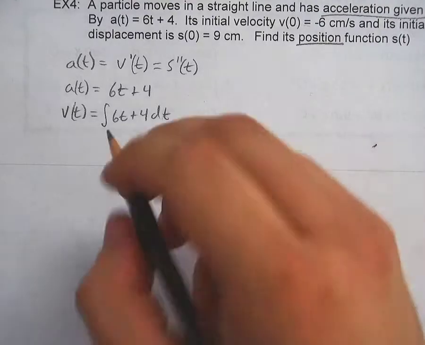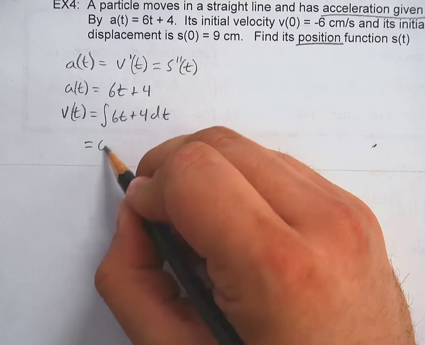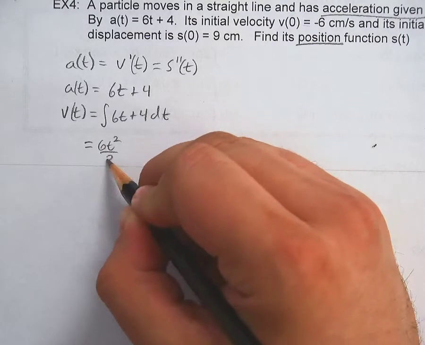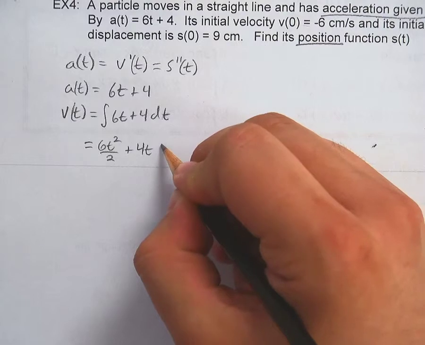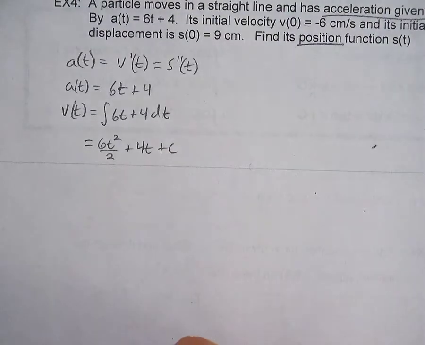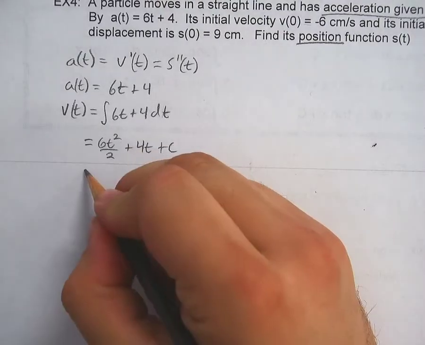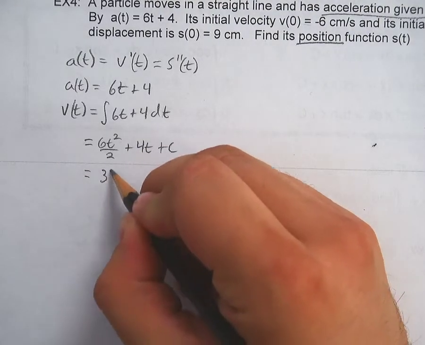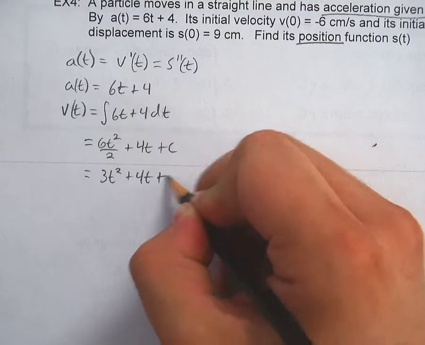So let's take the integral of it. Let's see what this is going to be. This will be 6t squared over 2 plus 4t plus c. All right, now I'm going to go ahead and simplify this here. It's going to be 3t squared plus 4t plus c.